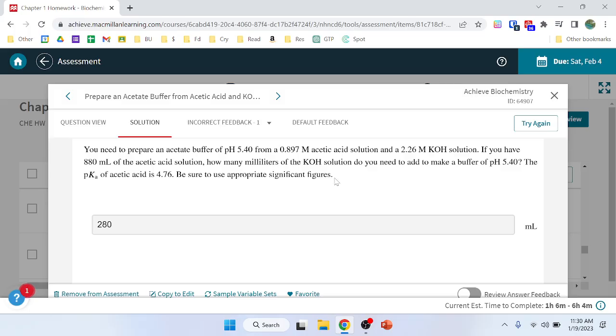So how do we go from millimoles to milliliters? Well, we're going to have to use the molarity here, right? Specifically, we're going to have to divide by it, so we cancel out the moles. So we divide that 3,400 number by our 2.26 molarity.